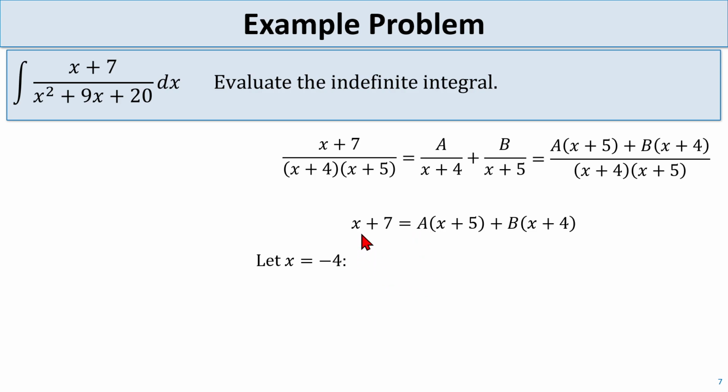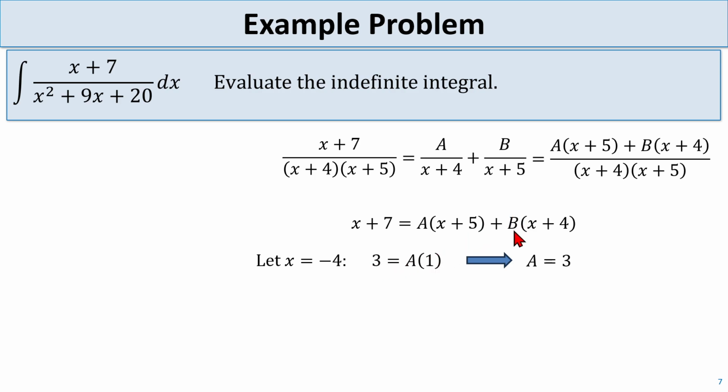Let's let x equal -4. Then -4 + 7 gives 3, and -4 + 5 gives 1. And like I said, this term just disappeared. So we have already figured out the value of A. It must equal 3.